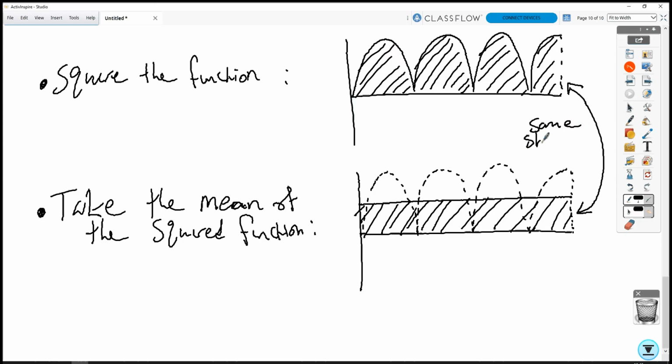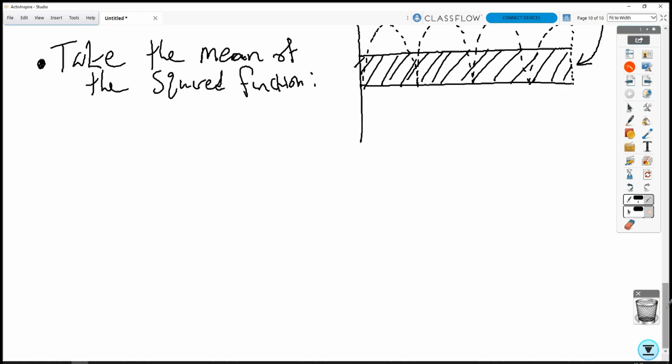So it's got the same shaded area. And then finally, we square root the mean square.